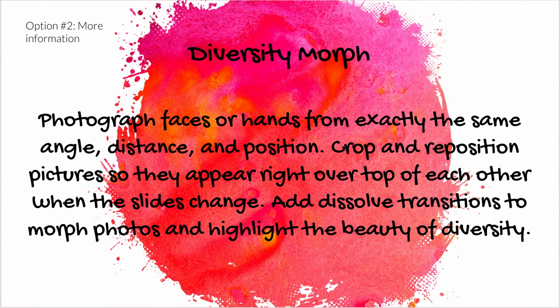So you need to try to get it in the exact same position, get it as close to the same size, same place, crop as needed, right? And get them rearranged, rotated, whatever you need to do, so they appear right over top of each other. And when the slides change, it looks like you are dissolving one hand to the next.